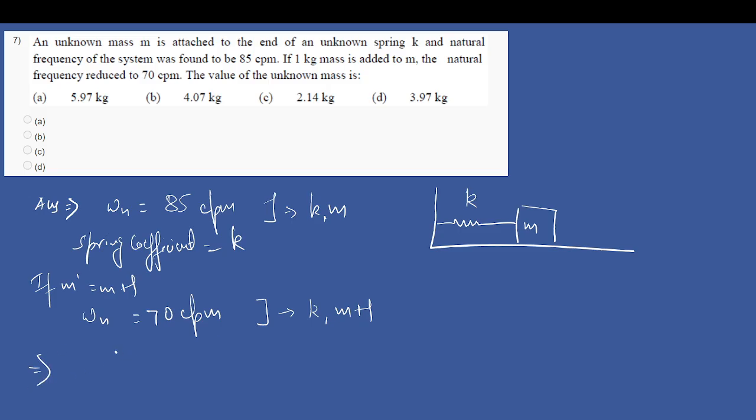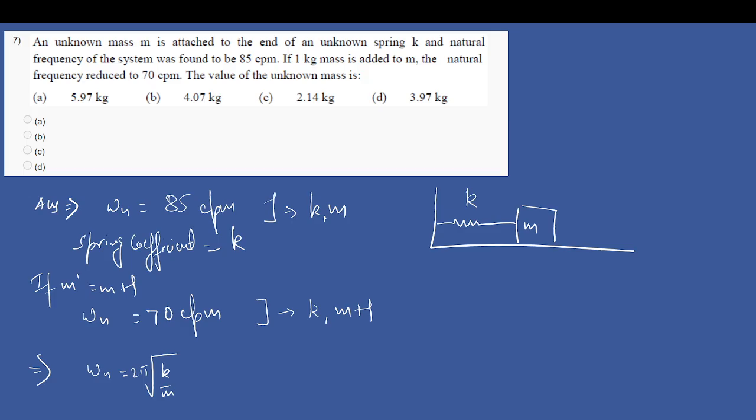Now if I solve this, omega n we know is given by root over k by m. Omega n is equal to 2 pi f, which is equal to root of k by m.